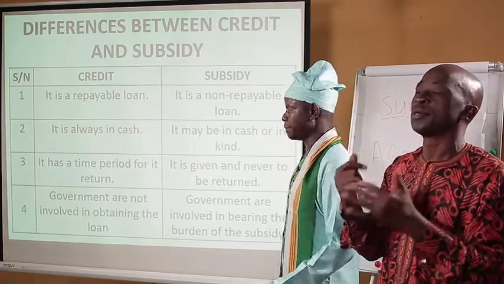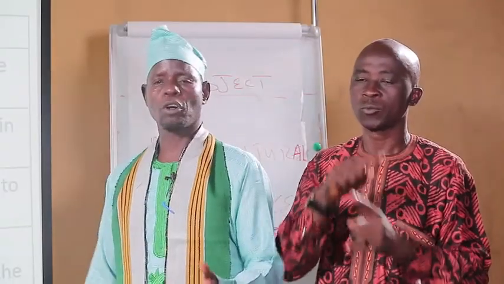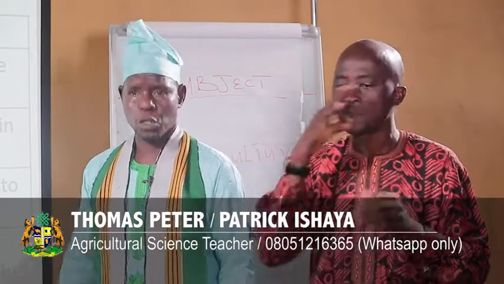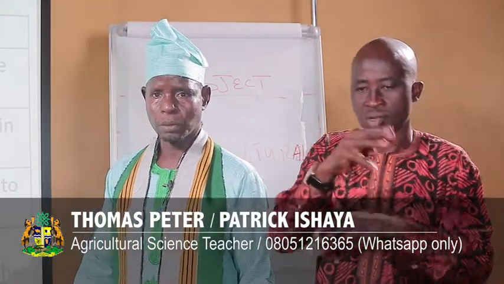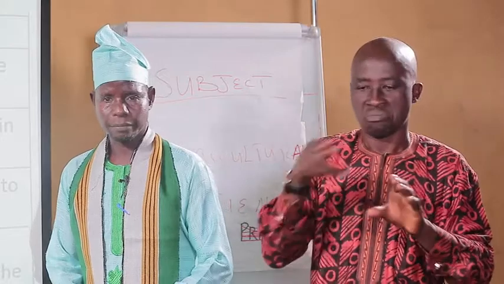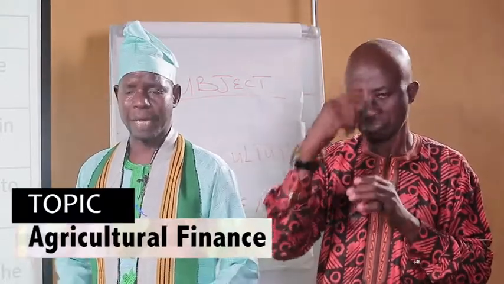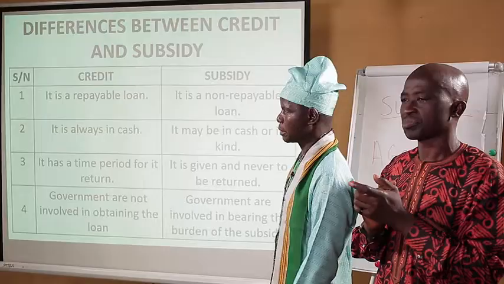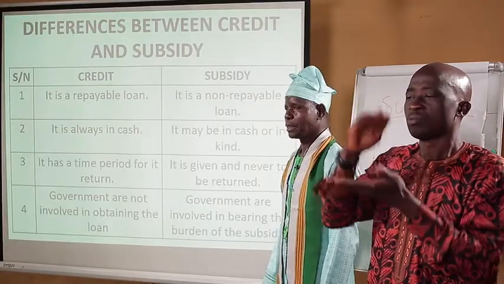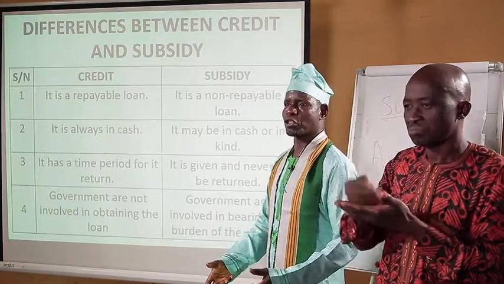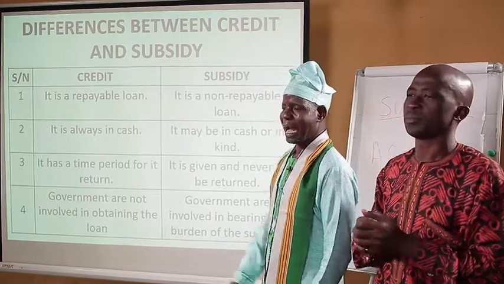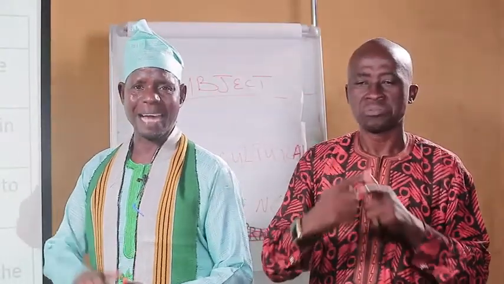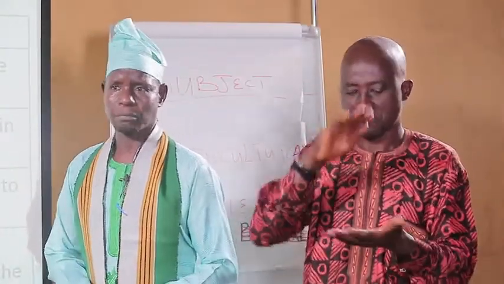Now, what I mean here: when you want to obtain a loan, the farmer goes on his own to obtain that loan without involving the government. The government is not concerned. The government doesn't even know whether the farmer is obtaining a loan or not. But in subsidy, the government will buy agricultural inputs at a high price, then give them to the farmer at a subsidized rate.